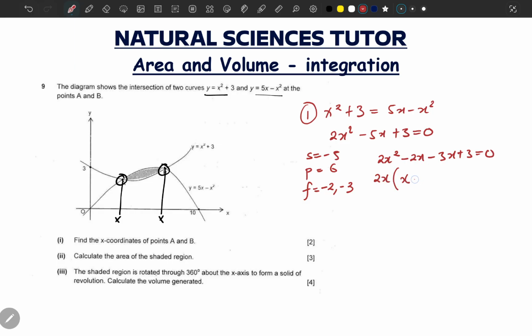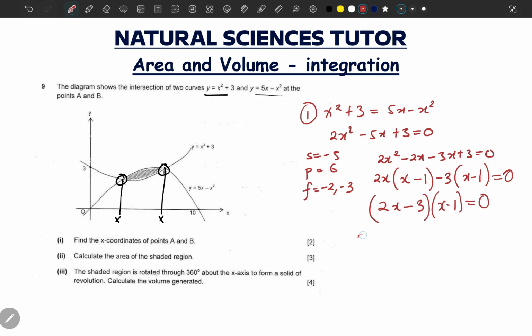Divide x, divide 1. What is common here is 3. But check out, I need to have a negative somewhere there. So for me to have a negative here, I will need to take out the negative as well. All right, so factor out x minus 1 because it is common.